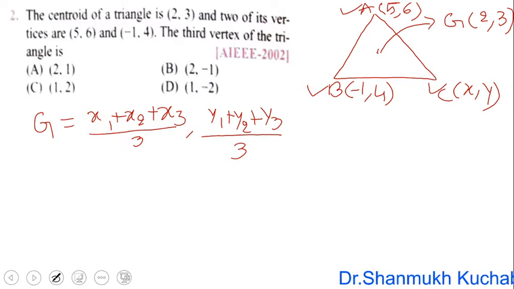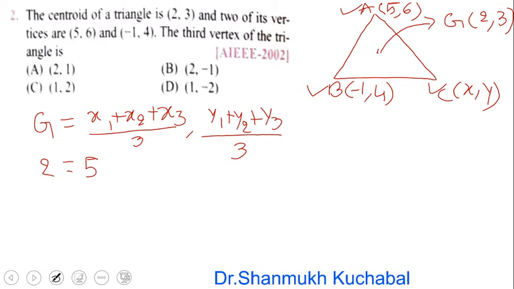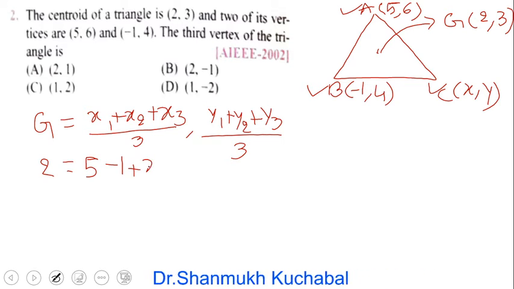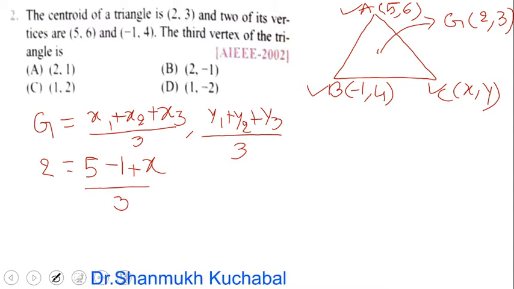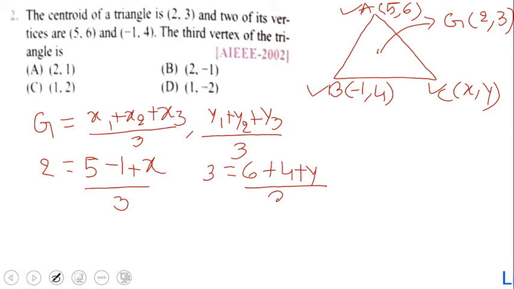So for the x coordinate, 2 = (5 - 1 + x)/3, and for the y coordinate, 3 = (6 + 4 + y)/3.